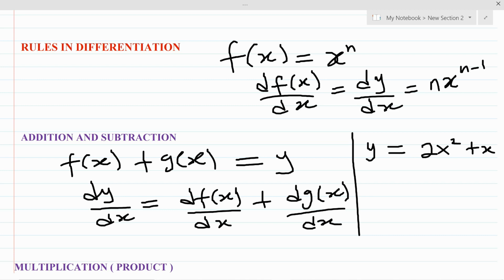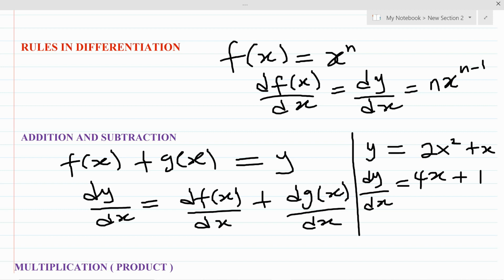So dy dx will be equal to, just applying our rule, 2 times the 2 in front of the x squared, that will be 4, then x to the power 2 minus 1, which is x to the power 1, plus 1 times the 1 that is in front of x. So we get x to the power 1 minus 1, which is x to the power 0, which is 1, so we get 1. So that is it for addition.